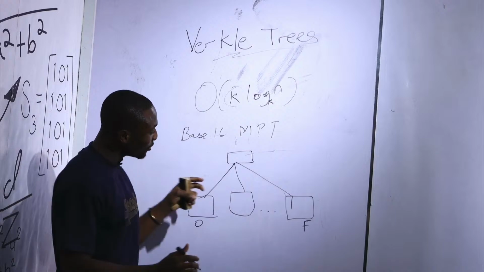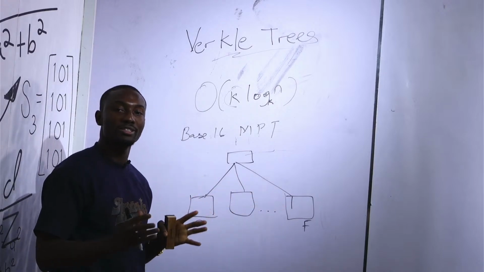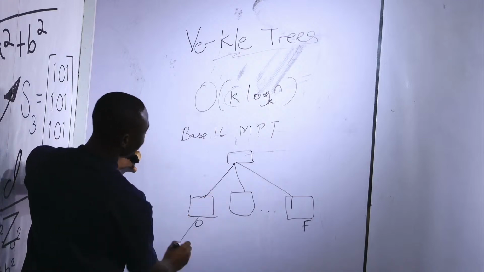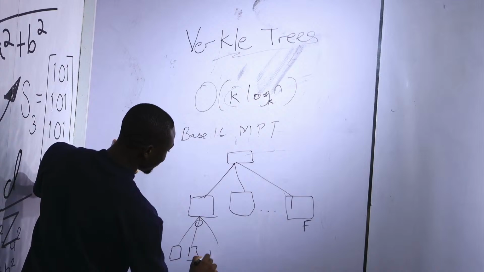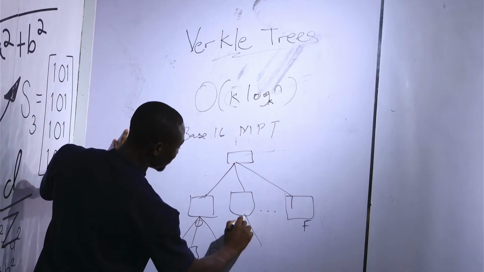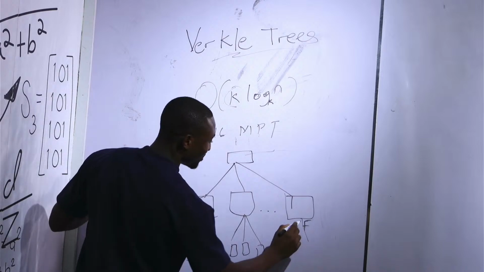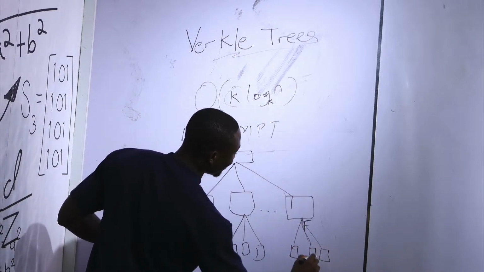Because it uses cryptographic hashes to take the commitments to each of these branches, each branch can also have 16 children. This one also can have 16. The same goes for this, and every branch in between.